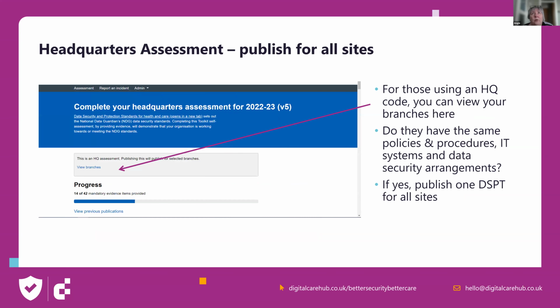Okay, when you have published, if you're a headquarter assessment, this will say publish for all sites, and you can view branches, and as long as they've got the same policies and procedures, IT systems and data security arrangements, you can publish 1 DSPT for all sites.